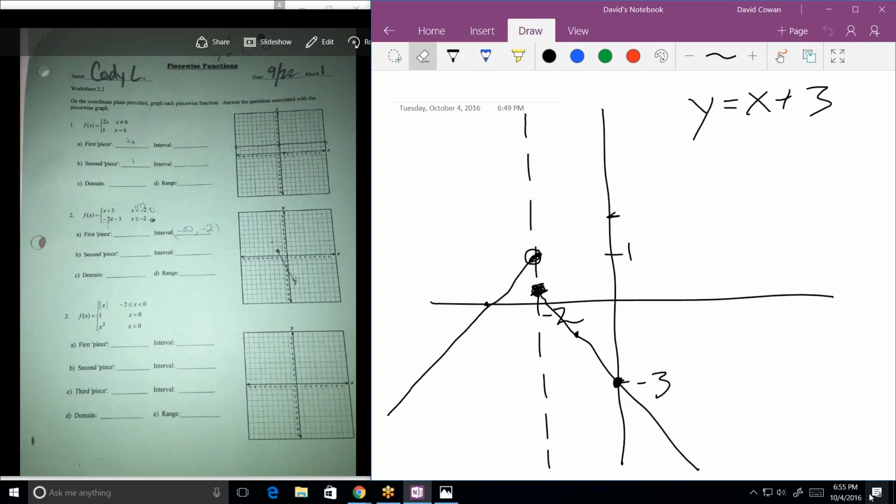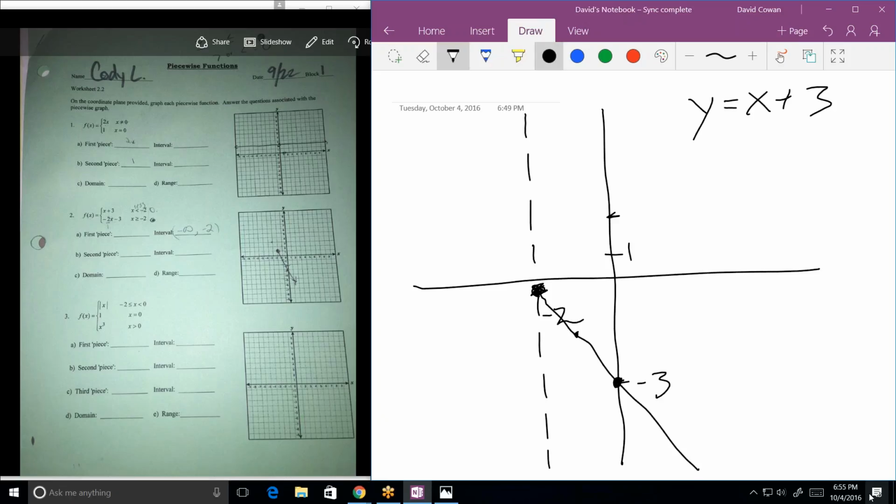Well, then y would be 0. So if I went to minus 3 and y is 0, I still end up with the same line. It's just that my starting point is different. My starting point is there. And so I end up with something that looks like that also.